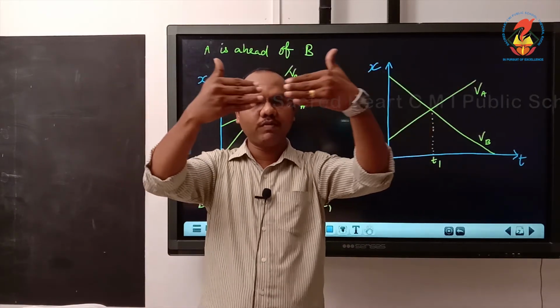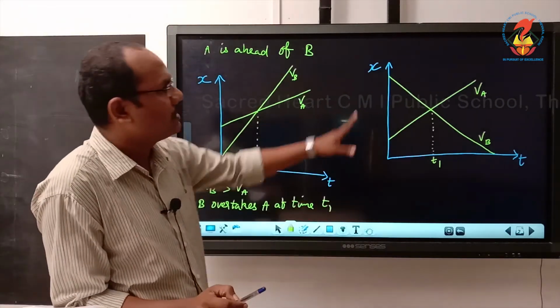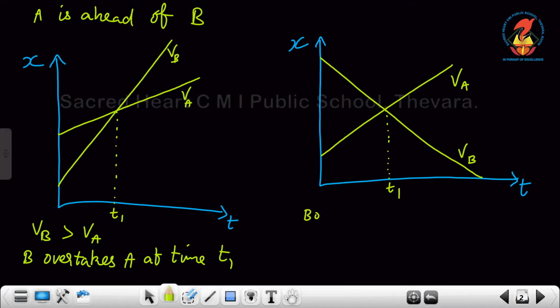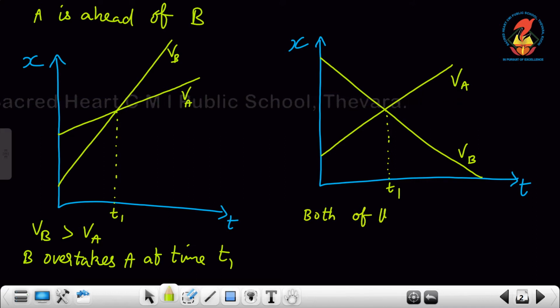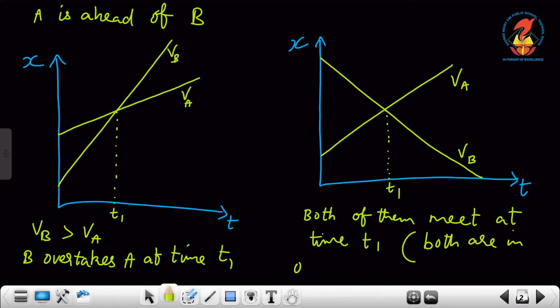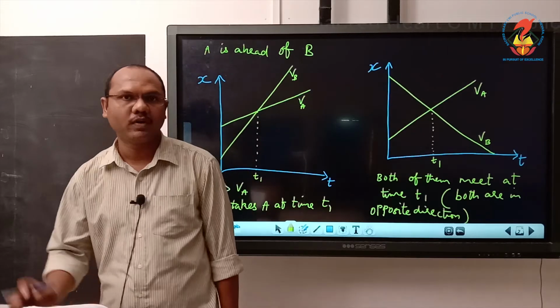So both of them are moving in opposite directions. Both of them meet at time t1. So that's the graph showing the same.